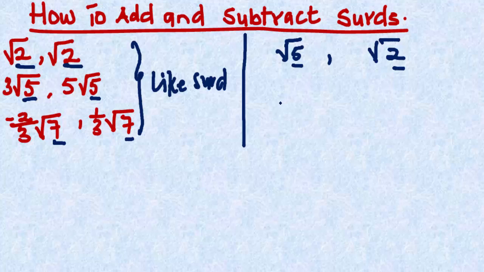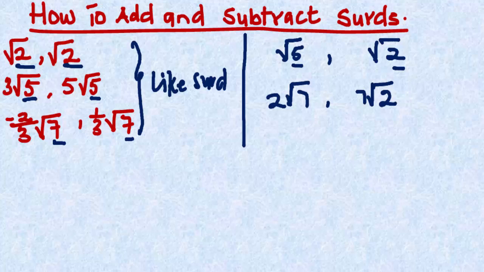Another example, if you have 2 root 7 and 7 root 2, these surds are unlike surds. So in adding or subtracting surds, we add or subtract like surds.